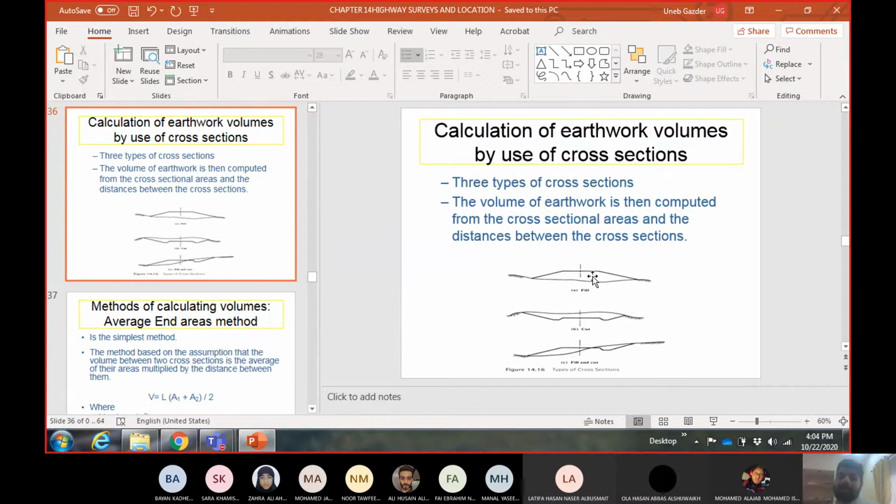Okay, then you look at the second one, the one in the middle. You can see again the plane surface is the road level, but now the ground is higher. In order to bring the ground level equal to the road level, we have to do some cutting, meaning some excavation. Now in both the figures you can see where the road level ends, we have steep slopes going towards the ground.